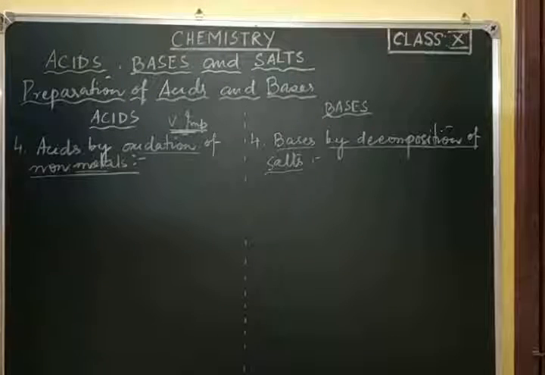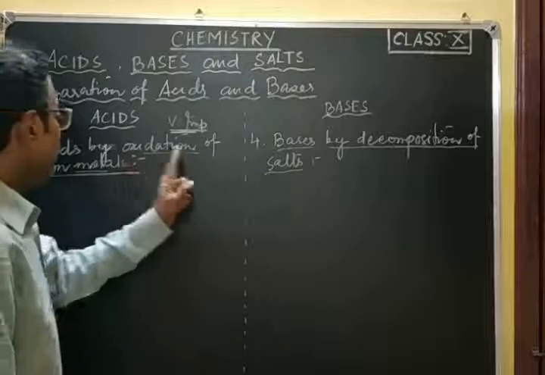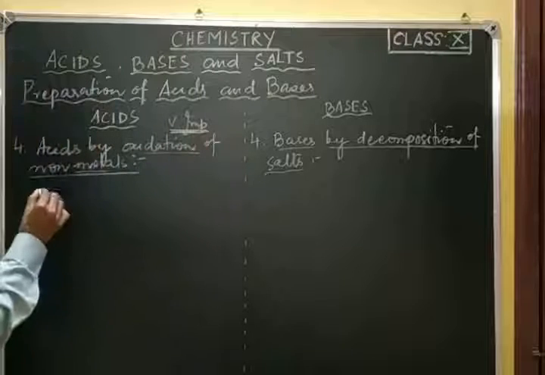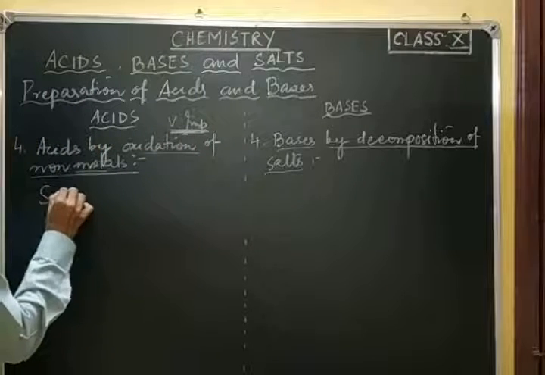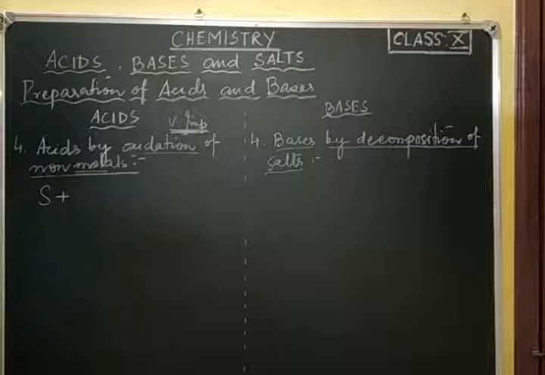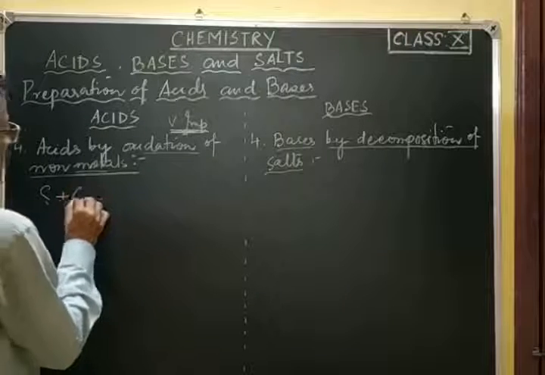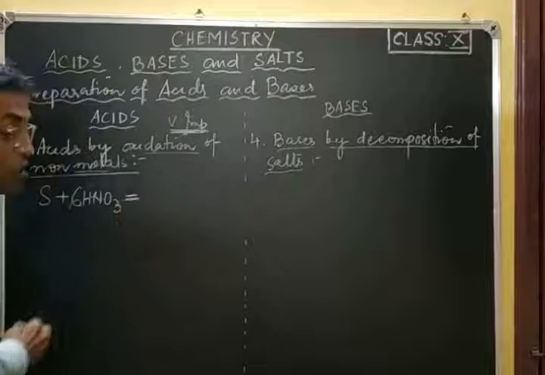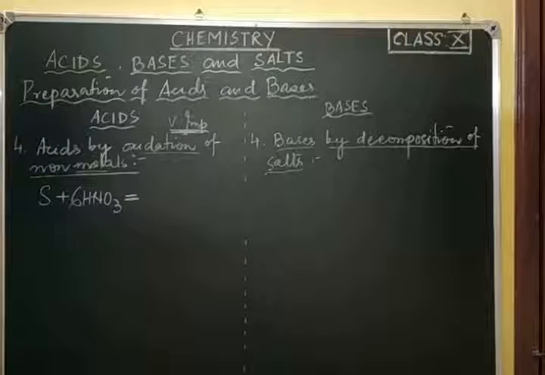Preparation of acids and bases. This is acids by oxidation of non-metals. Remember, this is a very important reaction. Say I am taking a non-metal as sulfur. Sulfur, when it reacts with nitric acid, 6HNO3, remember these balancings are very, very tough in the exam hall, so you have to prepare that one. That will produce sulfuric acid, water and nitrogen dioxide.